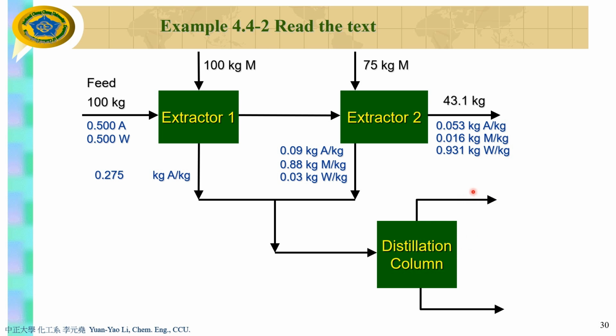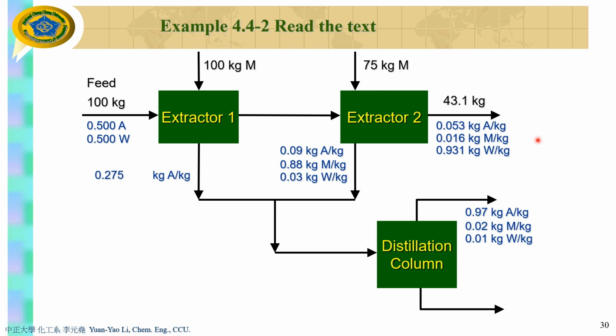So when you take a look at the slide, you need to put all the information here. So you have 2% MIBK and 1% water, and then 97% acetone. That's all the information you have.